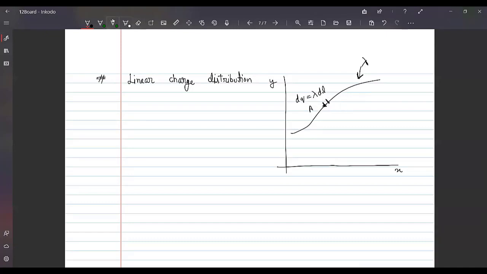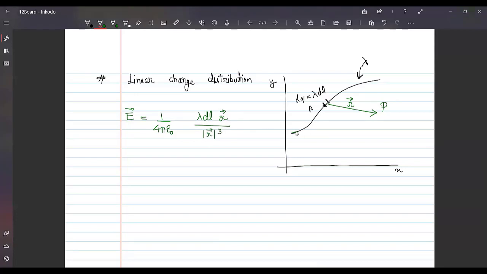And you want to find the electric field at point P. Let us write this as the r vector. In very simple terms, you can write the electric field at point P as 1 by 4 pi epsilon naught, and instead of q you will write lambda dl, times the r vector divided by mod of r cube.